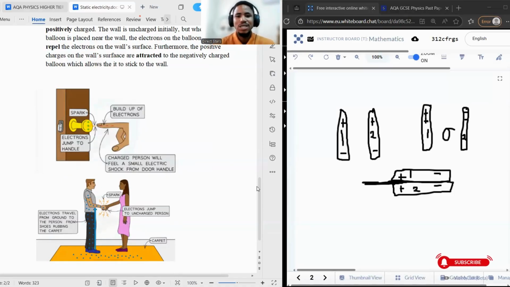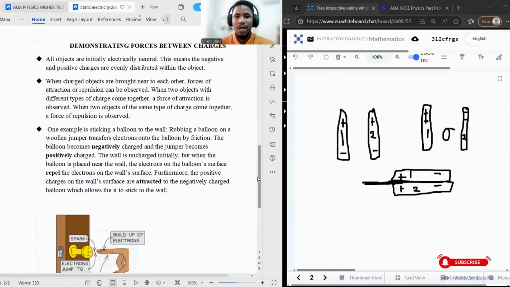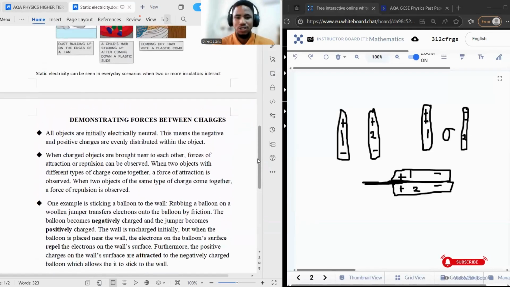That is what we call static electricity. At that point, either one of you is having high positive charge while the other is having high negative charge. That is why the little spark occurs. So I want you to take note of this. Same charge repel, opposite charge attract.